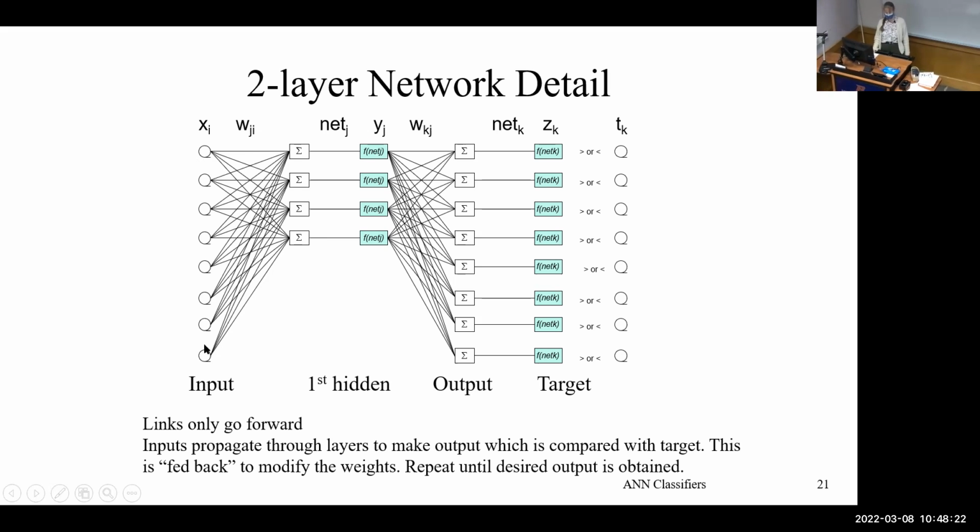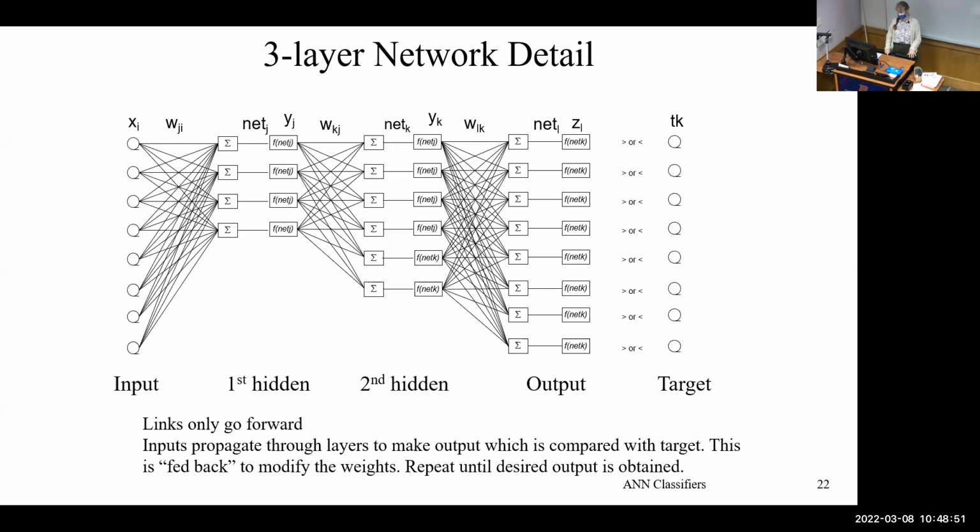So whenever you give it features that match an A, you should get ZKs that are equal to whatever your code is, say A. And if you put in features that go to a C, you're going to get ZK that match your TK that say C. Your weights learn your secret code. Same thing for 3-layer.